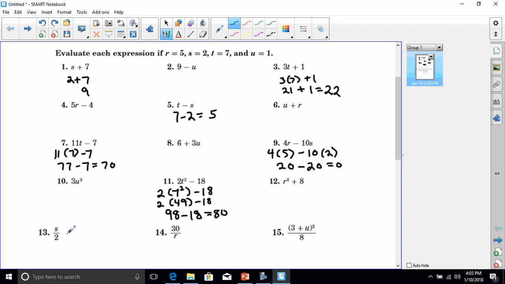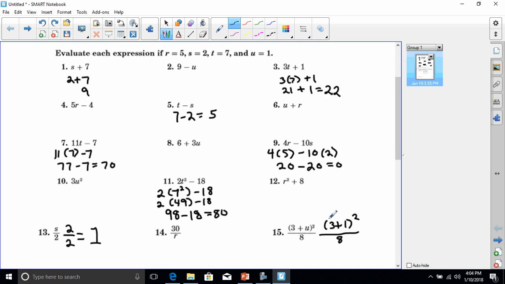All right, number 13 is next, and it says s over 2. Well, s is 2, so I'm going to have 2 over 2. And of course, that's going to bring me back to the number 1, because any number over itself is a 1. And number 15 says 3 plus u in parentheses to the second power over 8. That's really saying 3 plus u, and we said u was 1, to the second power over 8.